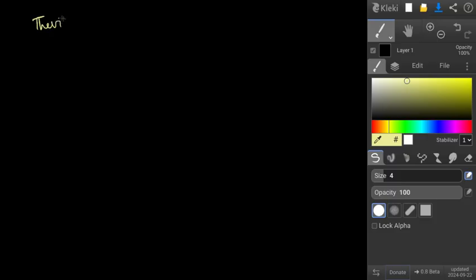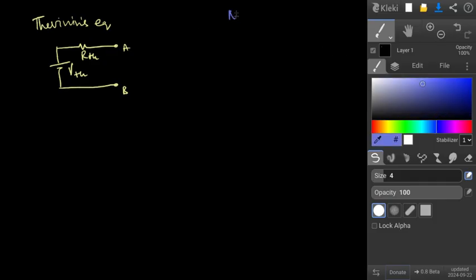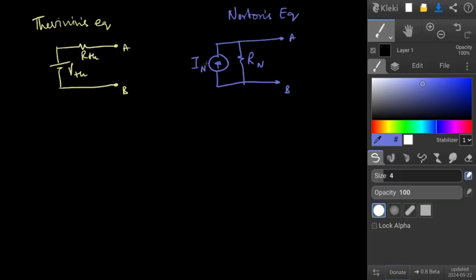Thevenin's equivalent looks like this: a voltage source in series with a resistance, VTH and RTH, and A and B terminals. And Norton's equivalent looks something like this: a current source in parallel with a resistance, Norton's resistance and IN, Norton's current.